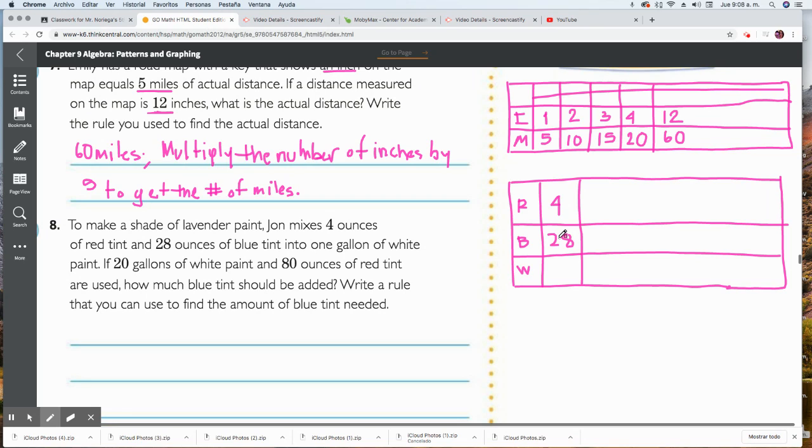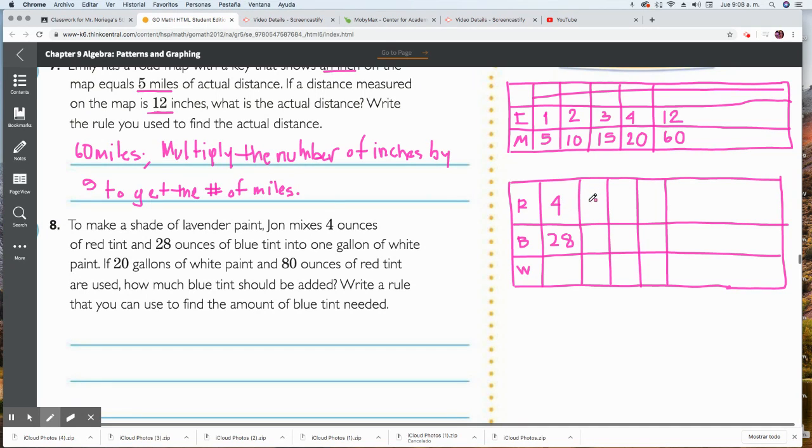Every time he combines red tint, he combines 4 ounces. That means that when we move up to this next box, we need to add 4.